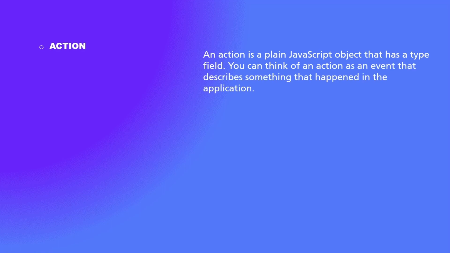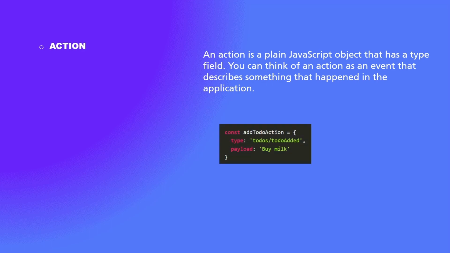An action is a plain JavaScript object that has a type field. You can think of an action as an event that describes something that happened in an application. For example, you can see here one object assigned to a variable and it has two keys.